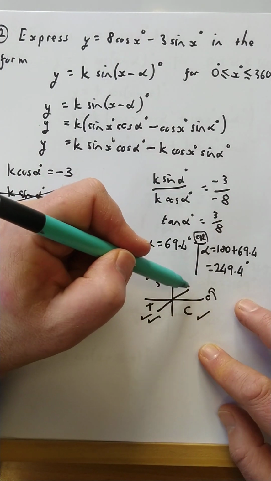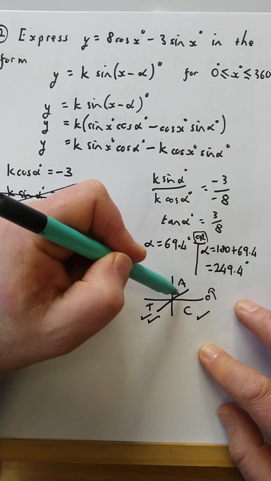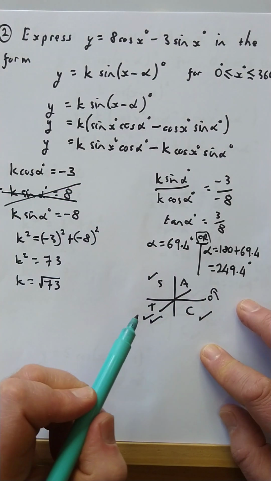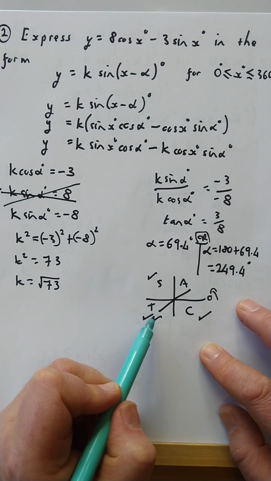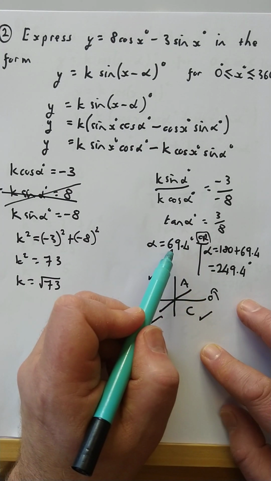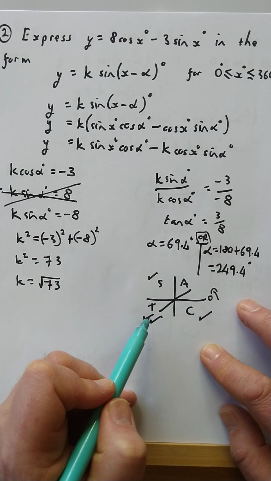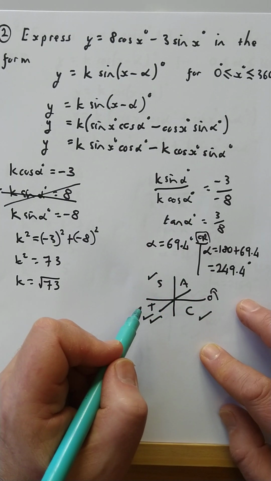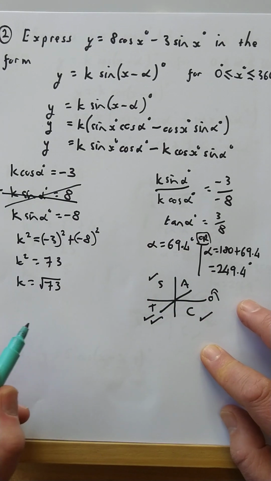Which of my two answers, my 69.4 or my 249.4, has got two ticks on it? This one, right? It will never be an answer with one tick. My two answers of my tan calculation here will either have no ticks or two ticks. If I ever end up with one tick, go back and check. There's an error somewhere.